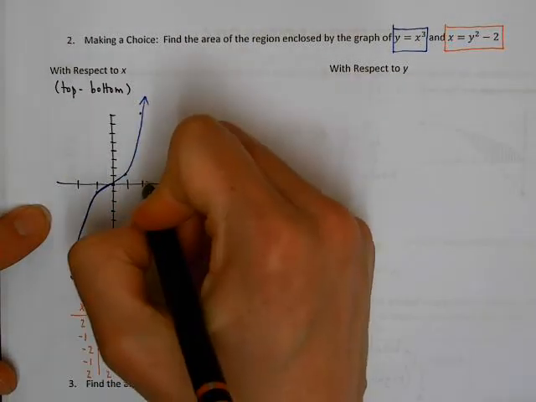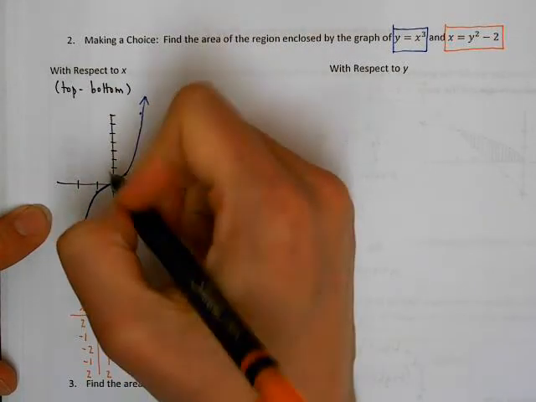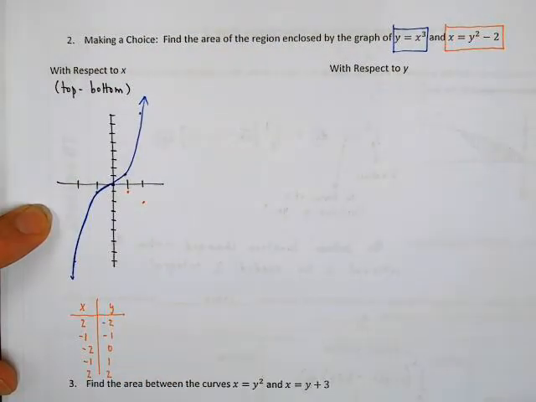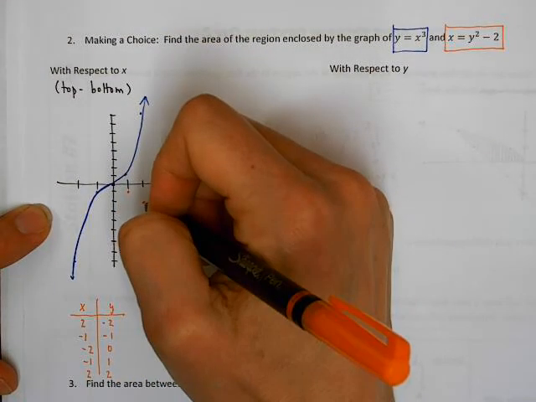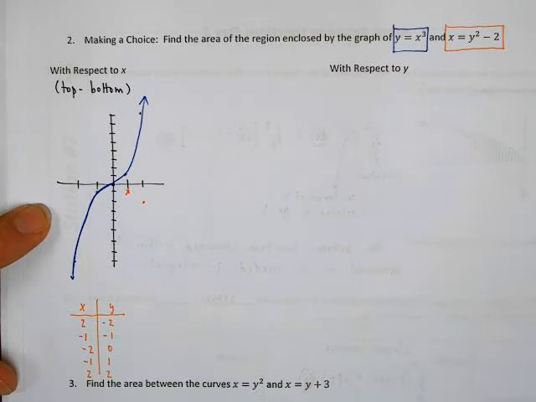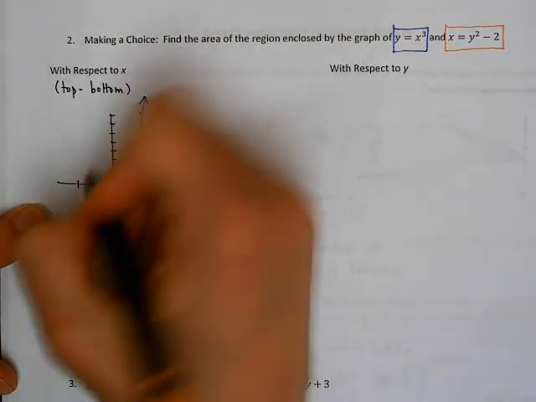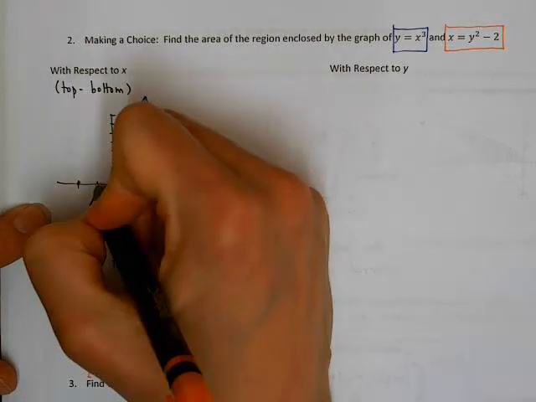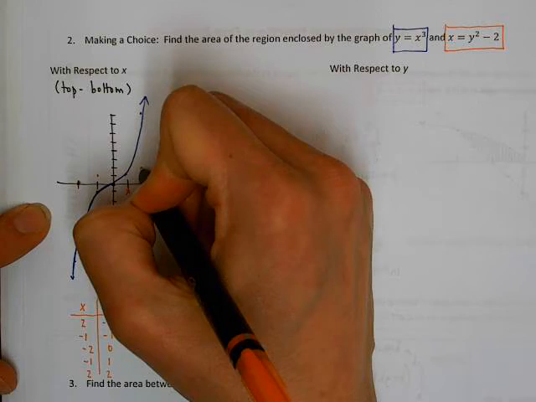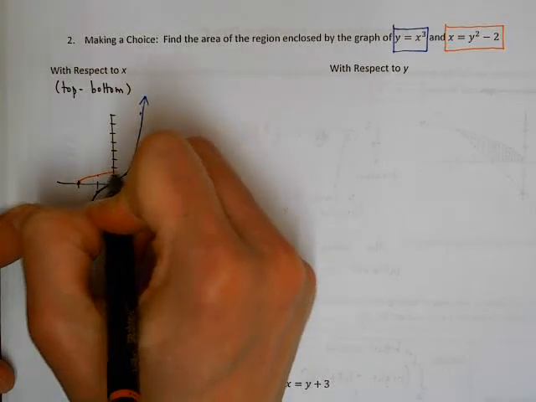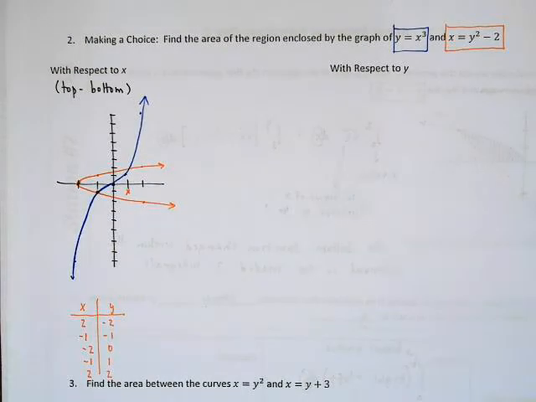So let's plot some points here. And again, we're going to go back to our calculator in a second, but I want us to realize that we have another way of dealing with these if we don't have a calculator. So negative 1, negative 1, negative 2 is 0, negative 1, 1, and 2 is positive 2. So it looks something like that.